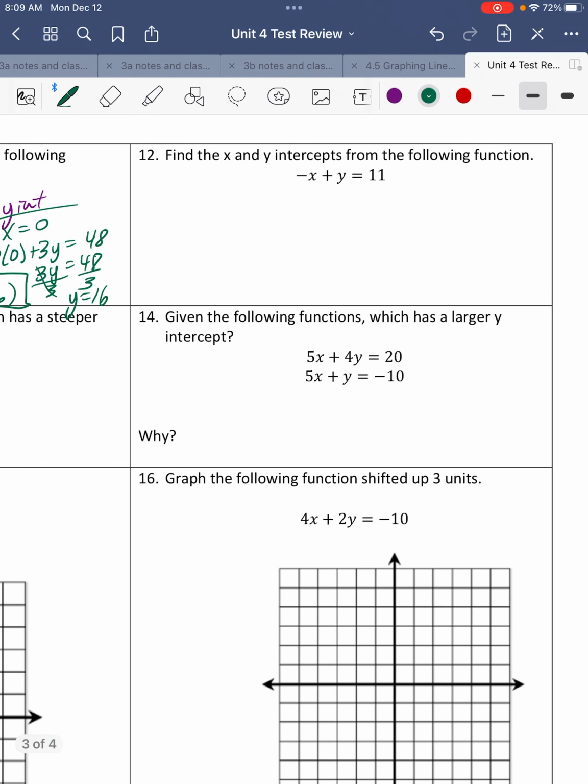All right, find the x and y intercepts again. X-intercept, set the y equal to 0. We have a negative x equals 11. The negative needs to move. That's negative 1. Divide by negative 1.